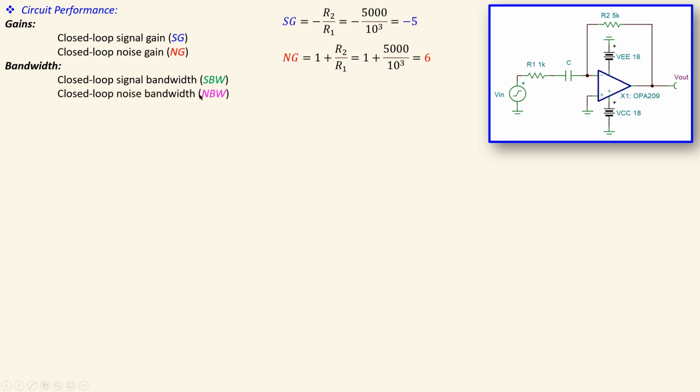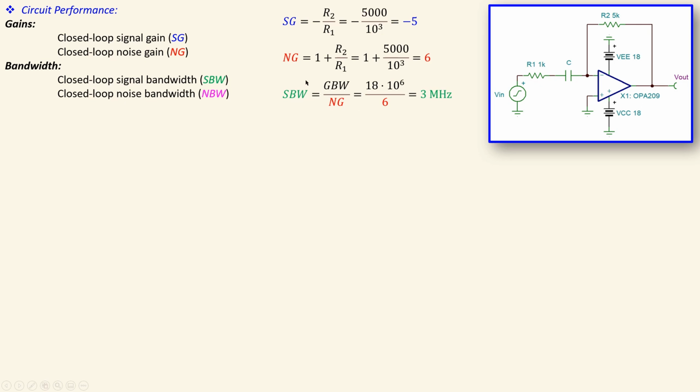Of course we are interested in the noise bandwidth, but before we move on, let's also look at the signal bandwidth. If you consider this circuit without the capacitor, so the capacitor is a short, then the dynamics of the circuit will be dominated by the pole of the op-amp only.